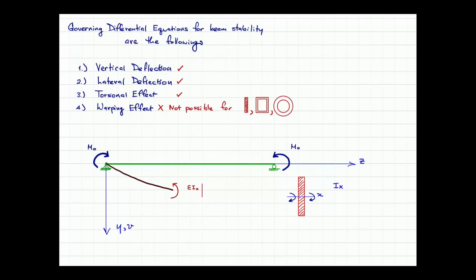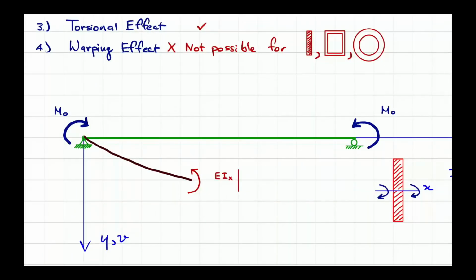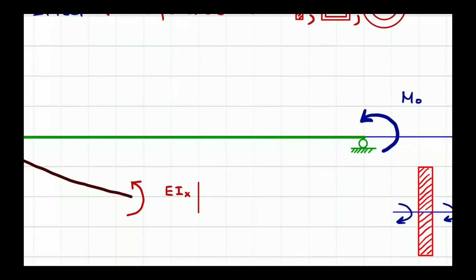We have the Z and we have the Y. The curvature will be defined by the second derivative of the displacement along the Y, or let's say, the deformed configuration of the beam, right? The deformed profile is explained by the V, and the V is actually a function of the Z. So we have the second derivative of V with respect to Z squared.